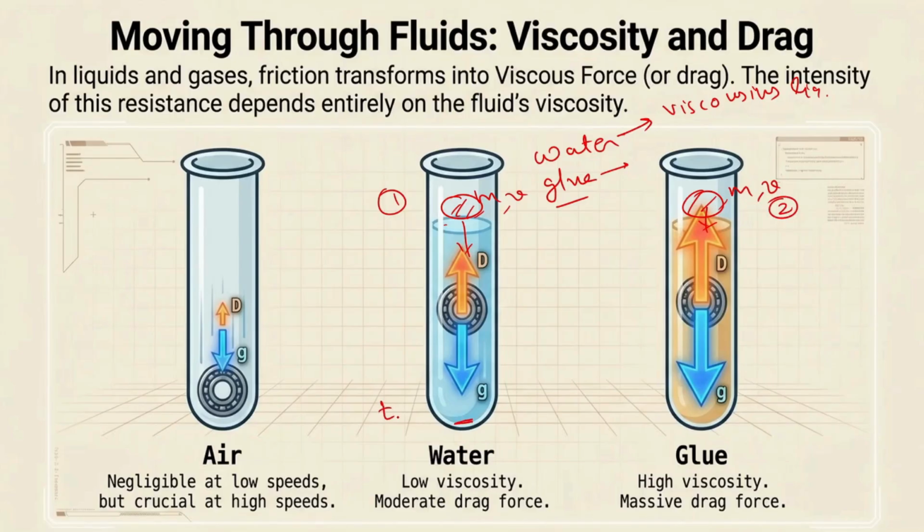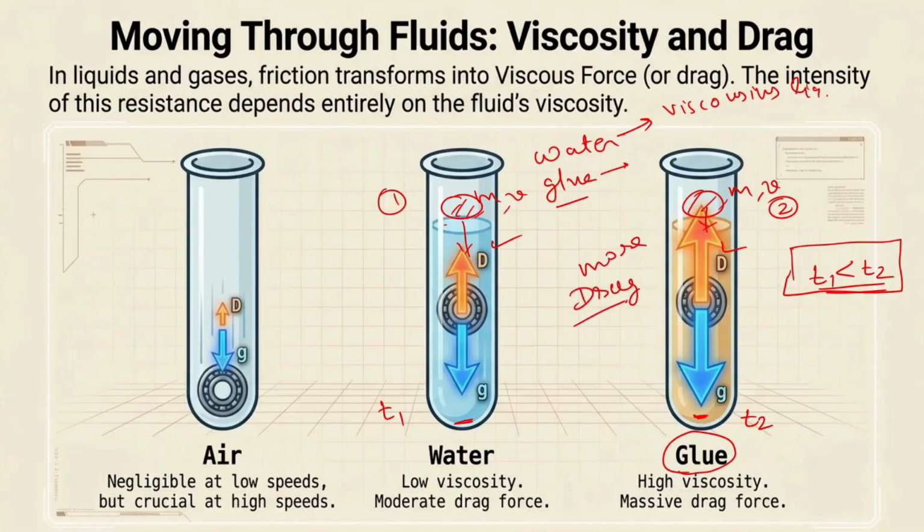Let's suppose it takes time t1, and particle 2 takes time t2. You'll notice that t1 is always less than t2. Why? The body has the same mass and the same velocity, but the medium is different. This is glue and this is water. The glue has more viscosity than the water, which means more drag force, more repelling of this motion.